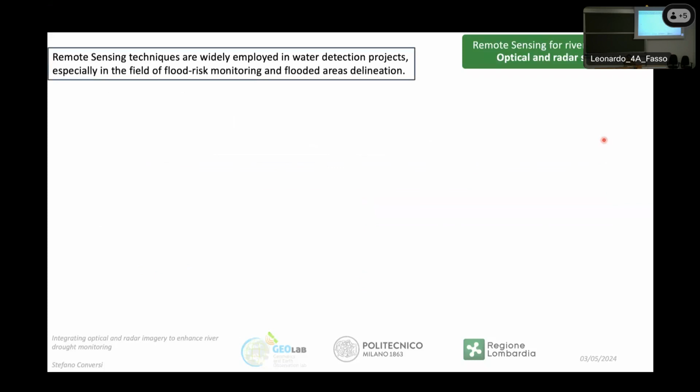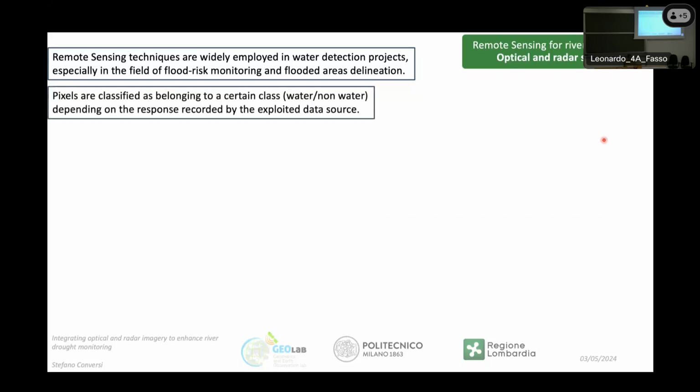Speaking of remote sensing in a very general way, we know that it is a bunch of non-destructive techniques that can extract information from a surface or from a territory, based on the response that we can draw and represent as an image. This response will be different if we are dealing with radar or optical sensors or whichever other kind of source.